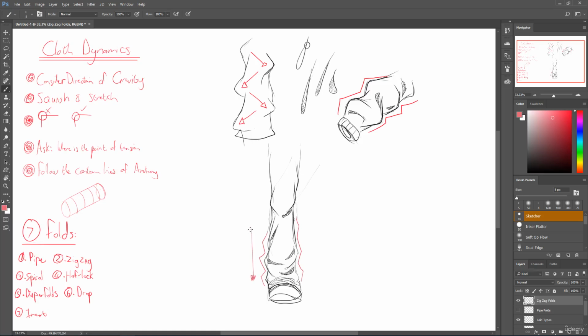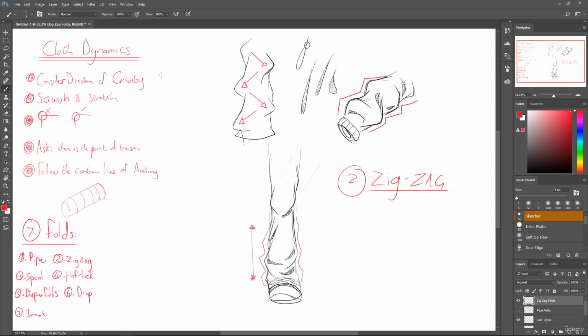And I would contrast that with the spiral folds, which we'll look at next, where you have a lot of compression happening on the fabric, and so the fabric takes on a little bit more of a spiral look, as we will see. Right, so this is our zigzag type of fold. And really, to get good at drawing this stuff is just drawing it and remembering these rules.